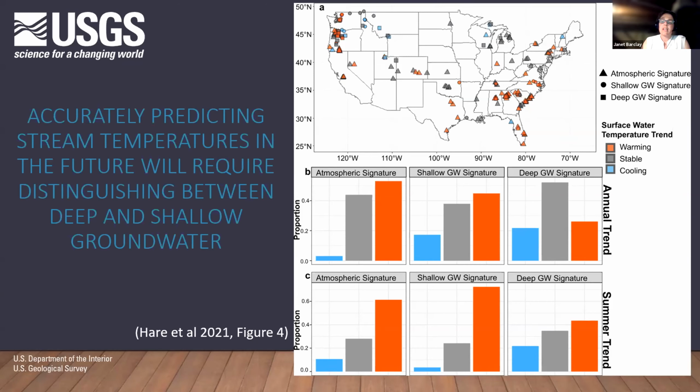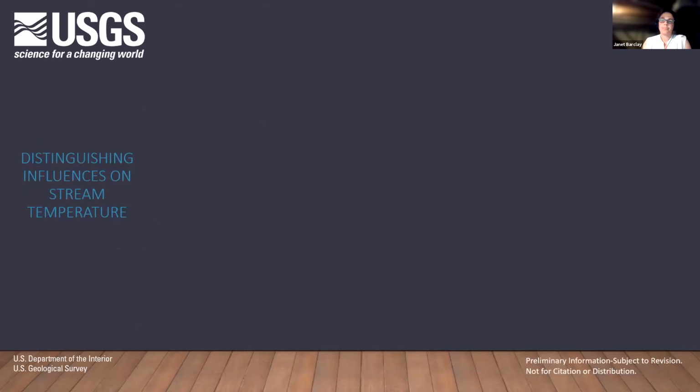This means that to accurately predict stream temperatures in the future, we'll need to provide information not only about the extent of groundwater influence, but also whether that groundwater is deep or shallow. So we can use the multi-year time series of temperatures to identify the primary driver of those temperature patterns.